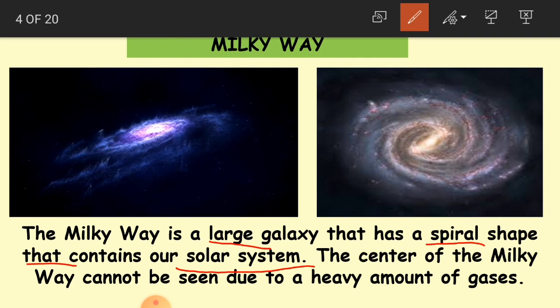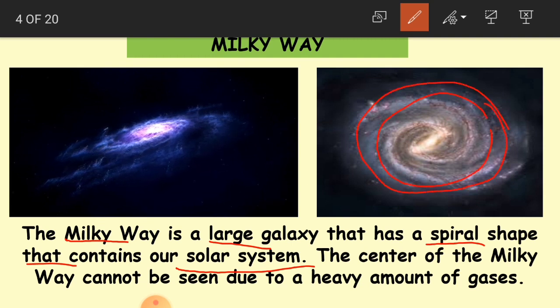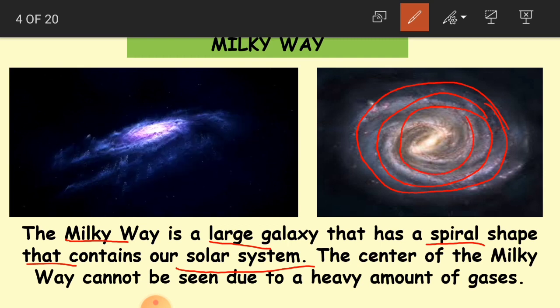The solar system is nothing but our planets children. Along with planets we have the sun and some more natural satellites and stars. So this large galaxy, which we call the Milky Way, has a spiral shape. See how the shape is? Spiral, round, spiral shape that contains our solar system.